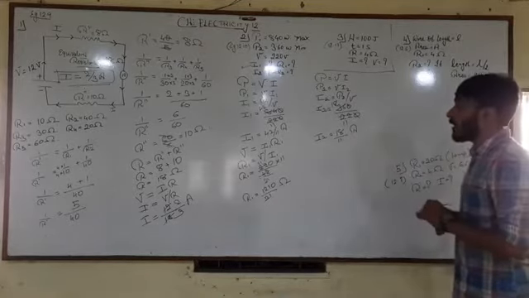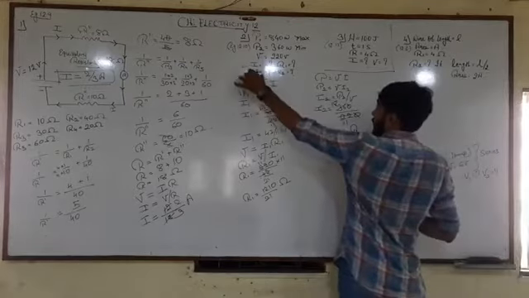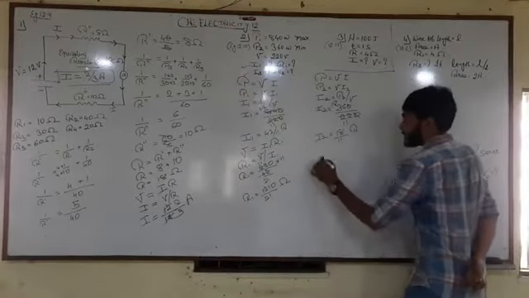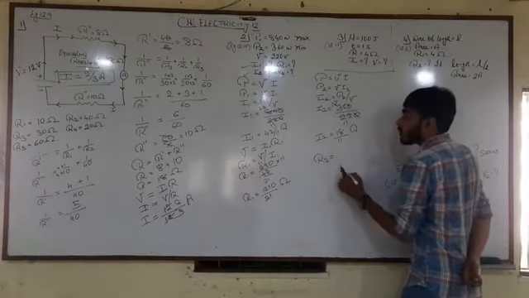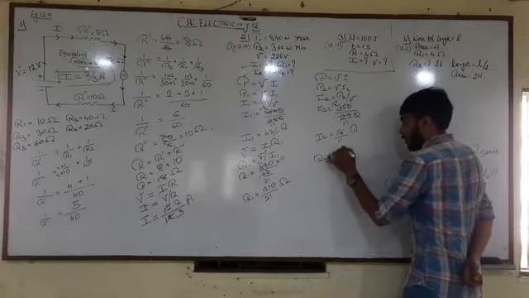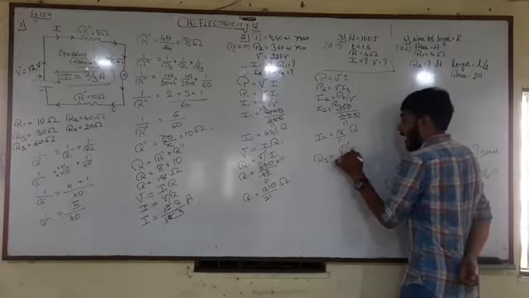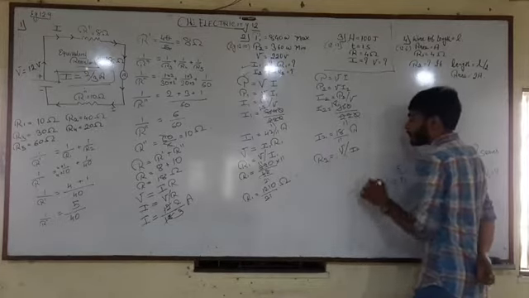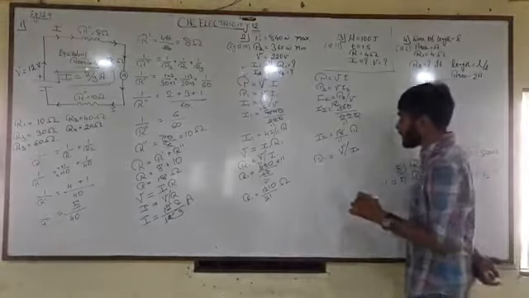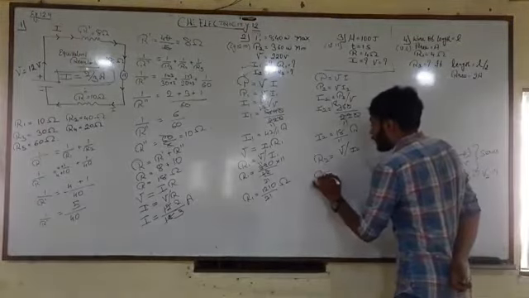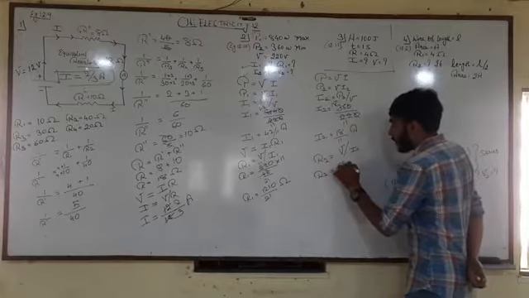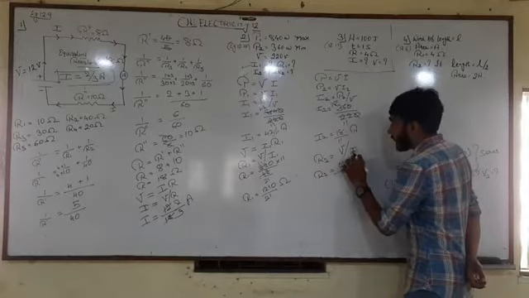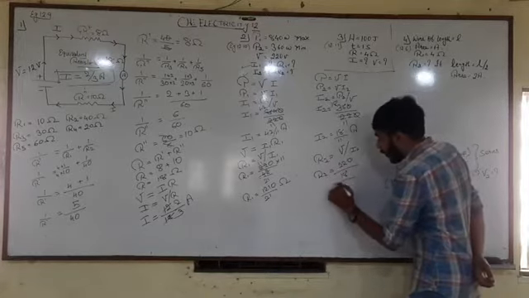Now we are done with this. We need to find the resistance. We can write R2 is equal to V upon I2. I hope you are clear with this. So R2 is equal to 220 upon 18 upon 11.